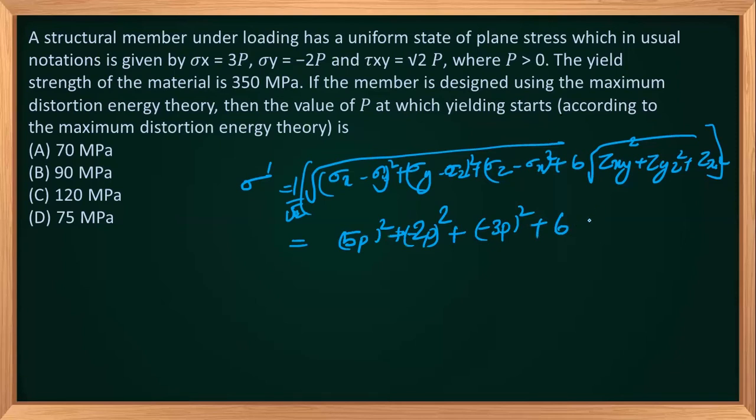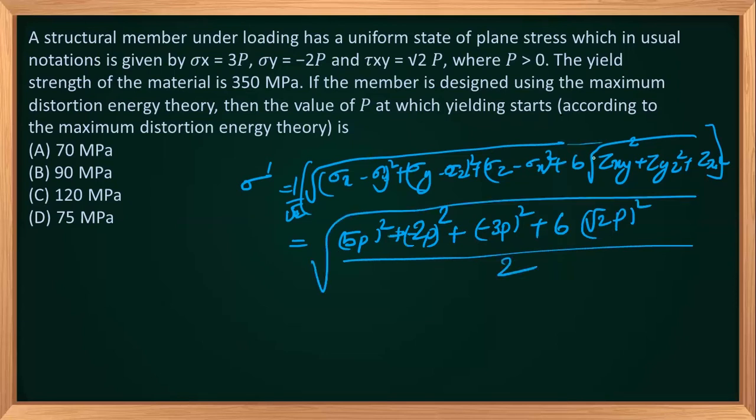So it will take the whole under root, right? Tau xy is root 2p whole square. So this whole divided by 2, and of course this will be under root.